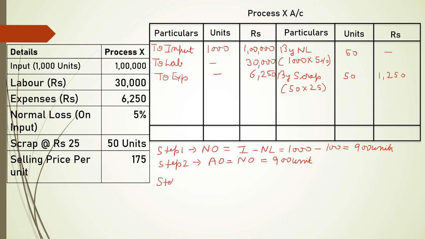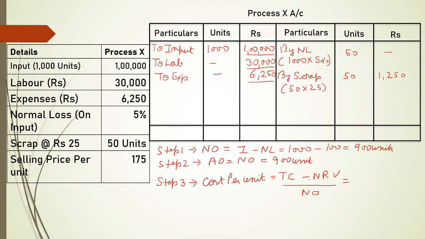In step number three, we calculate cost per unit. The formula to calculate cost per unit is total cost minus net realizable value divided by normal output. Here the total cost includes input 1 lakh rupees, labor cost 30,000 and expenses 6,250.